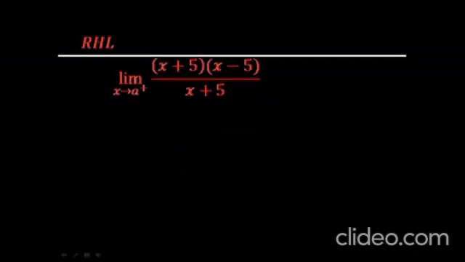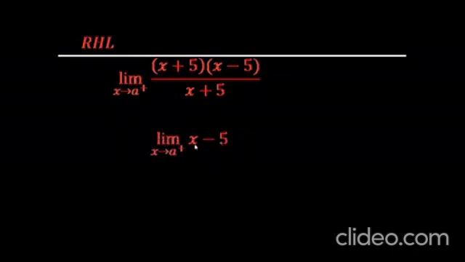Now look at the right hand limit. For the right hand limit we have to apply the formula limit x tends to a plus of f(x). The value of the function is (x plus 5) into (x minus 5) upon (x plus 5). So x plus 5 is cancelled. So that's why we get limit x tends to a plus of x minus 5.